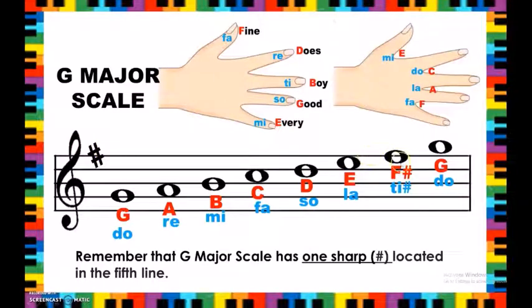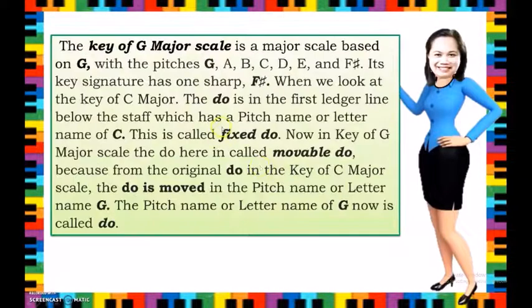When we look at the key of C major, the do is in the first ledger line below the staff, which has a pitch name or a letter name of C. This is called the fixed do in C major scale. Now, in the key of G major scale, the do here is called movable do, because from the original do in the key of C major scale, the do is moved to the pitch name or letter name G. The pitch name or letter name G now is called do.